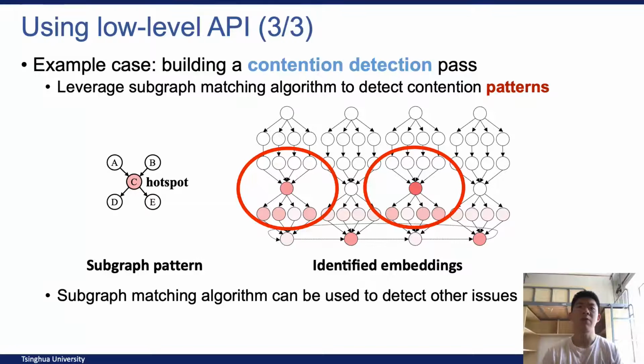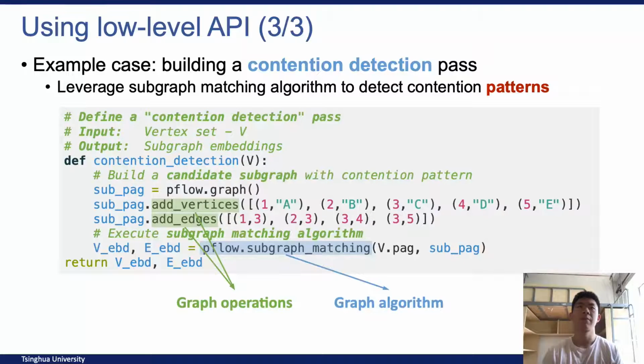Besides, the subgraph matching algorithm can be used to detect other performance bugs. Here is the code for the contention detection pass. Add vertices and add edges are graph operations to build a subgraph, and the subgraph matching is a graph algorithm.